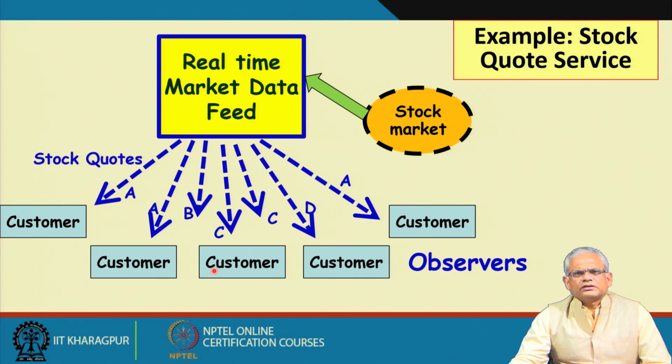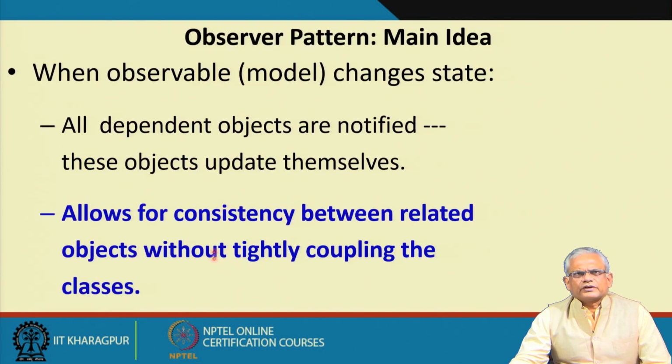Now, let us see what is the solution offered by the observer pattern. Here the main idea is that the different observers will first request the model that they are interested in some behavior. The model or the observable will register them, and as soon as there is a change, then all the dependent objects who have registered are notified.